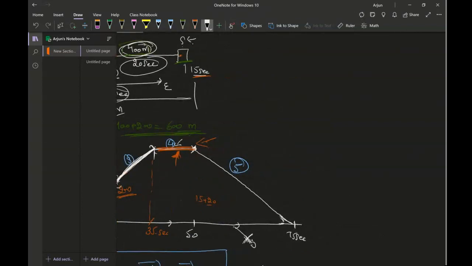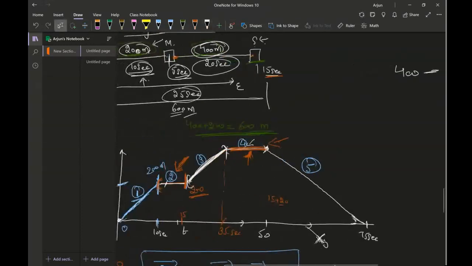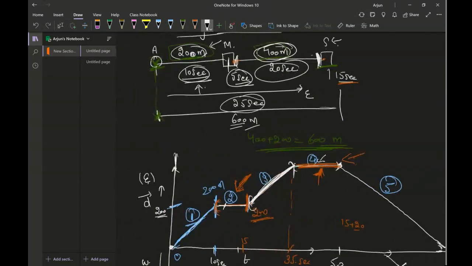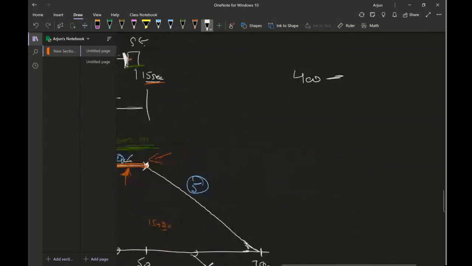This displacement I'm considering as 400 meters. So if I have to draw it on the graph, he will be at 600 meters, because this point is 600 starting from 0.